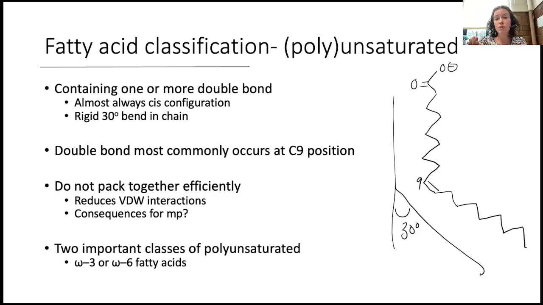So this results in lipids that tend to be a liquid at room temperature. So think olive oil, avocado oil, right? There are two important classes of polyunsaturated fatty acid that you are probably familiar with, omega-3 and omega-6 fatty acids. Up next, we'll talk about the next three types of lipid.